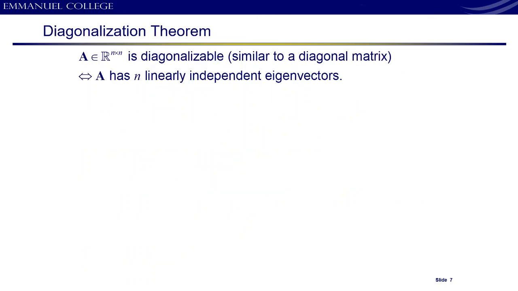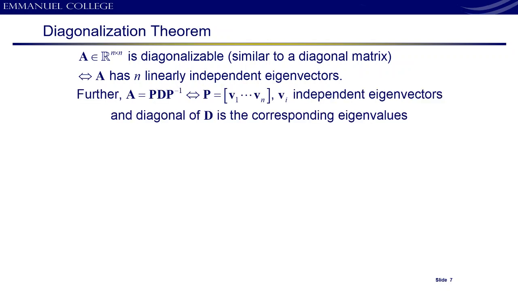So the diagonalization theorem breaks down into different ways to remember it. A matrix is diagonalizable if and only if A has n linearly independent eigenvectors. So there are some that will not be diagonalizable just because they have dependent eigenvectors.